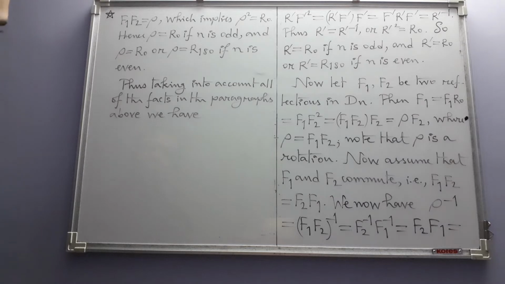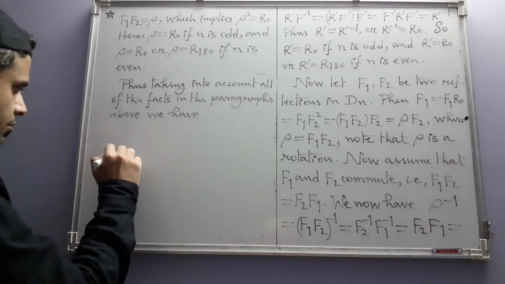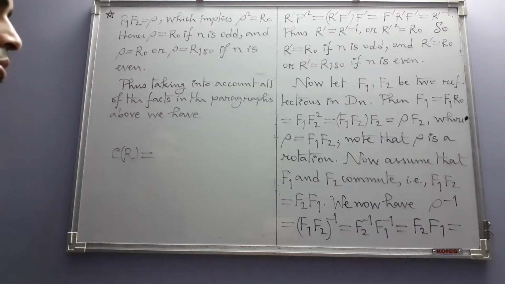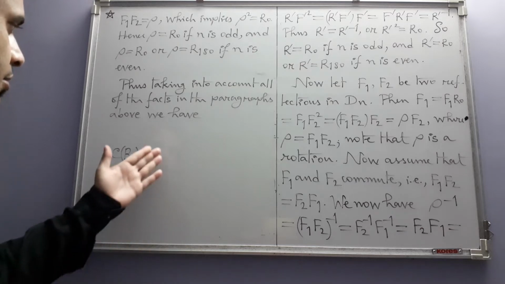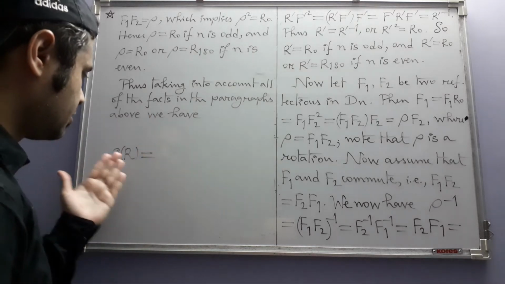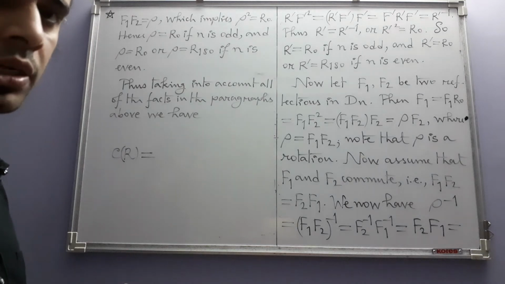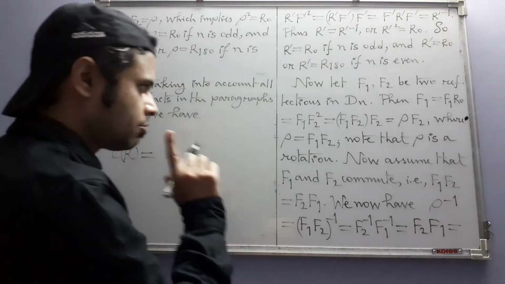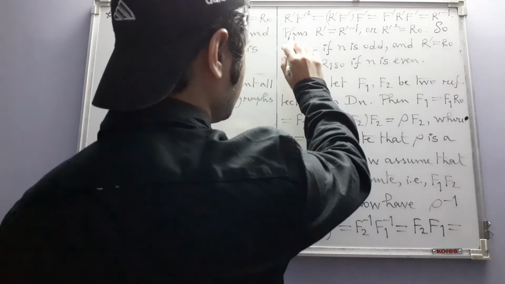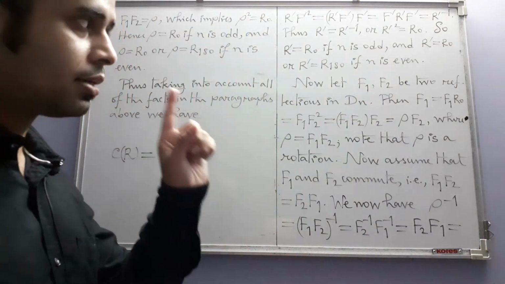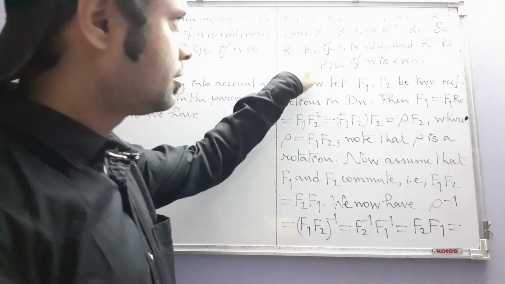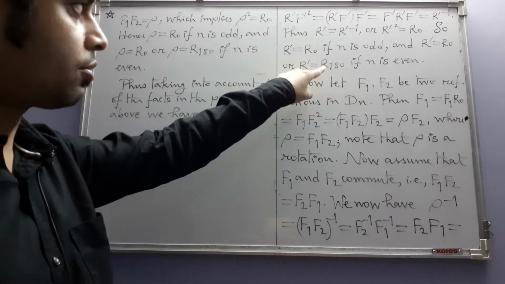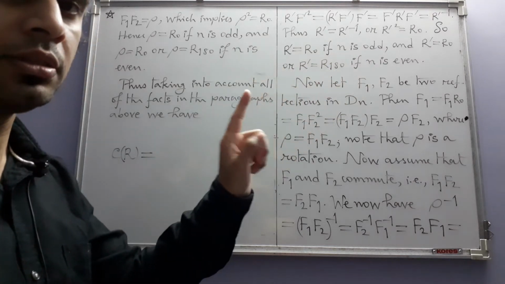we have, first of all, we write the centralizer of R. Okay, so we already observed that the centralizer of R contains all the rotations. Does it contain reflections also? Note that if a reflection commutes with a rotation, then the rotation is either equal to R naught if n is odd, or equal to R naught or R180 if n is even.